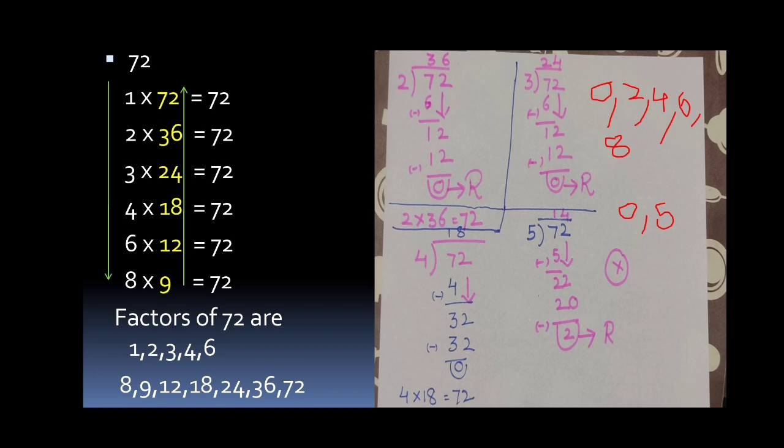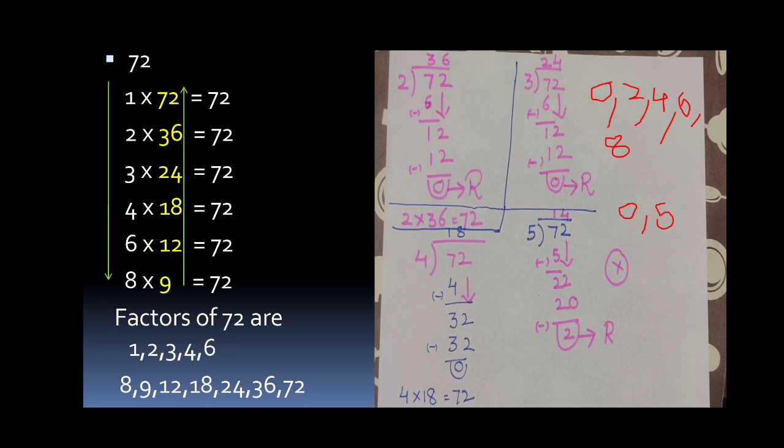Here also, if I divide it by 3, I get the remainder as 0. In the same way, we divide by the next number, that is 4. I have divided and I got the remainder as 0. If we get the remainder as 0, that number is a factor of 72.